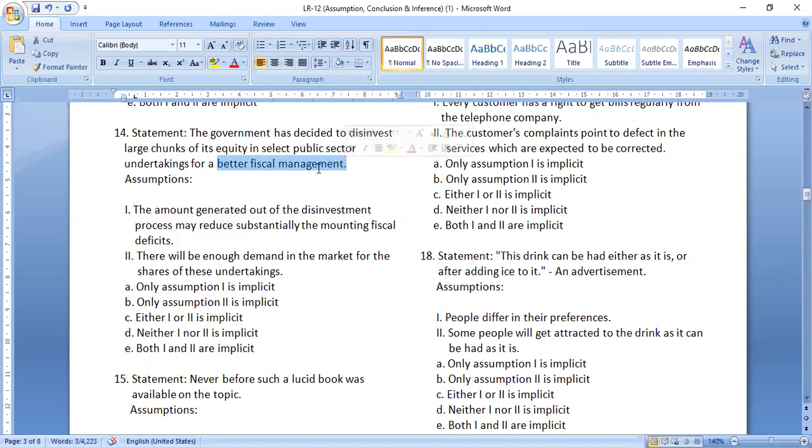Deficit is what you owe, to put it simply. So that's better fiscal management. I think that 1 is okay. Let's look at 2. There will be enough demand in the market for the shares of these undertakings. Is that implicit? No, it's not implicit because they don't talk about demand for shares. I think that only option A is implicit.